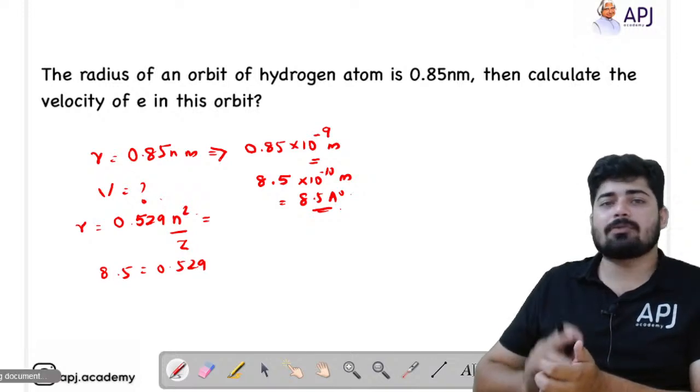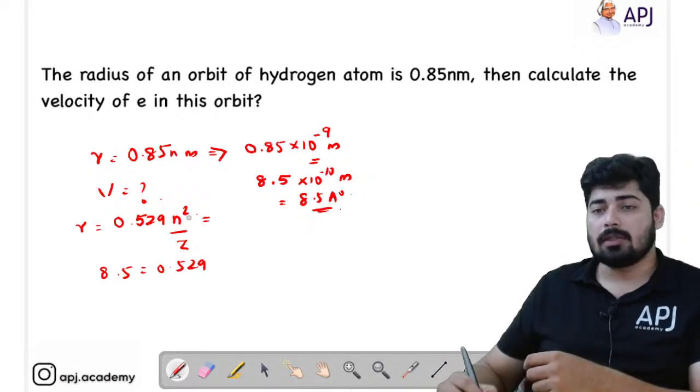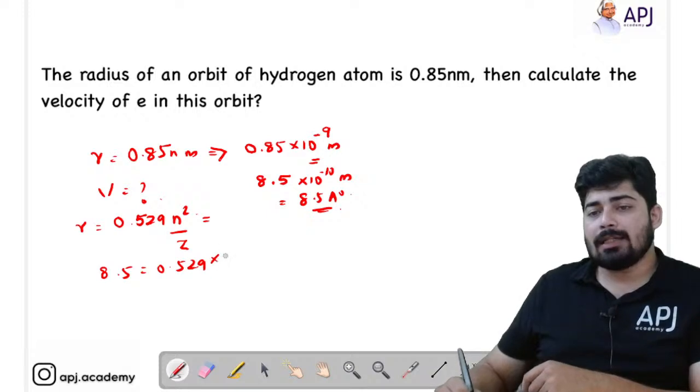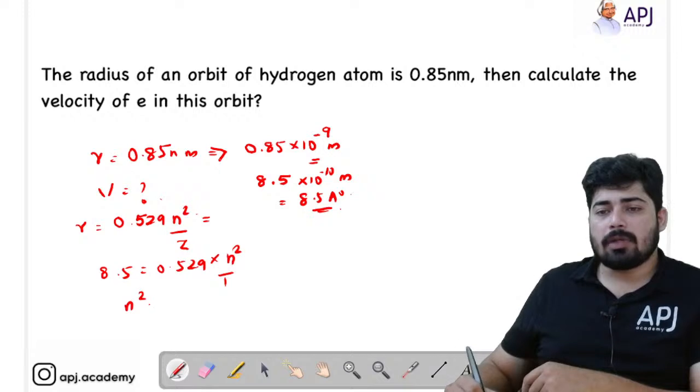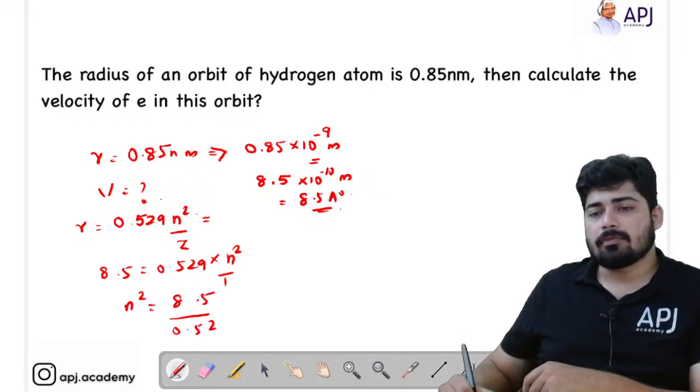It is hydrogen atom, so z will be 1. We have to find out the orbit, right? So 0.529 into n square by 1. So n square is equal to 8.5 divided by 0.529.